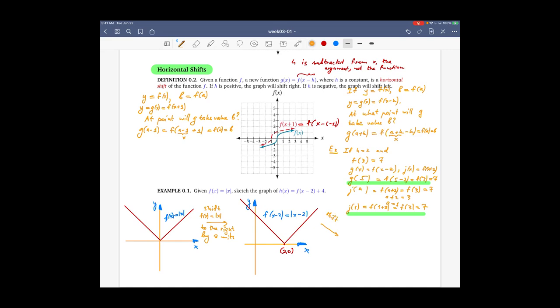Shift f at x minus 2, which is absolute value of x minus 2, by 4 units upward. That will be the graph of h, which will look the following way.